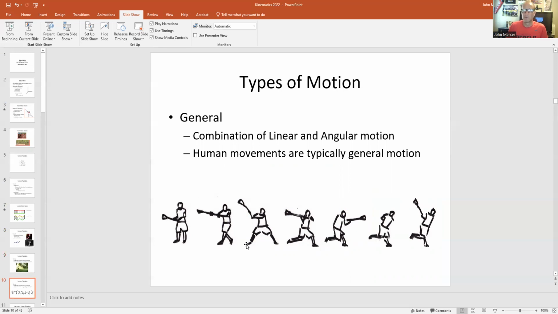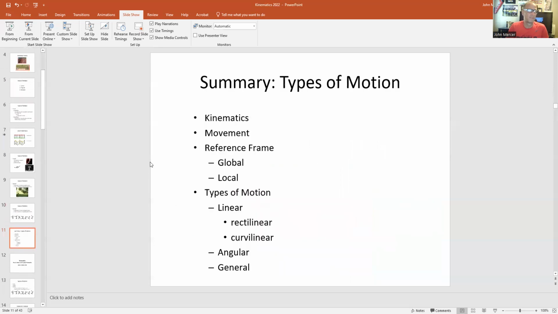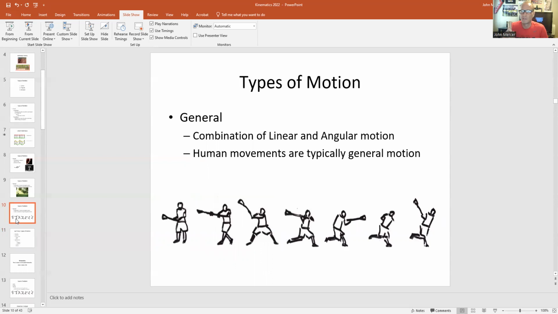This is the type of movement we want to be able to understand, and we want to do biomechanical analyses of this type of movement. In order to do that, we sort of divide our analysis into two analyses. One is a linear analysis, and the second is an angular analysis.